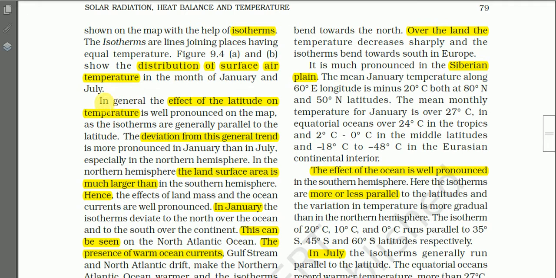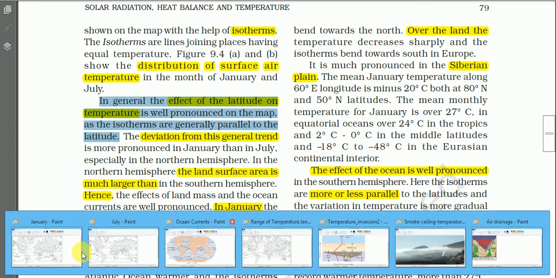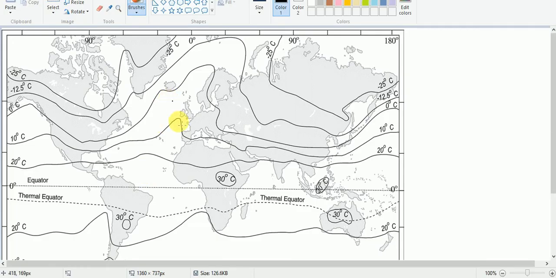In general, the effect of latitude on temperature is well pronounced on the map, as isotherms are generally parallel to the latitude. For example, this is the temperature distribution in the month of January, that is the winter season in the northern hemisphere.